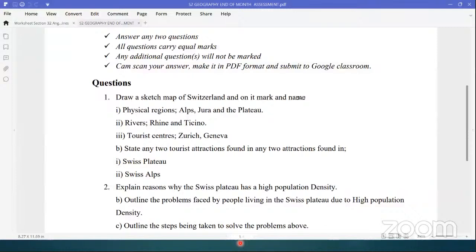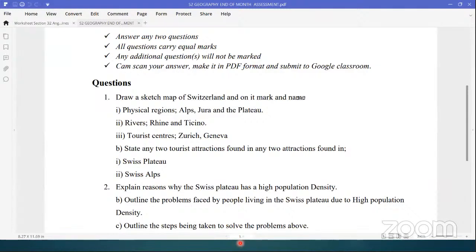Thank you. You're welcome. Yes, we have Rina. Rina, your hand is up. Presence of political stability. Wonderful. Rina is saying it is stable politically.